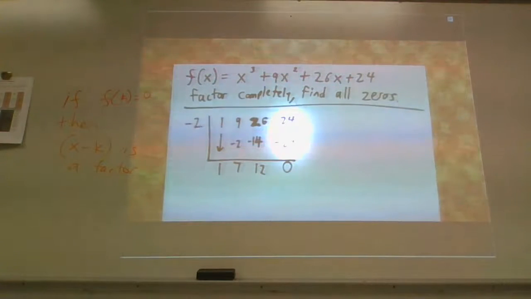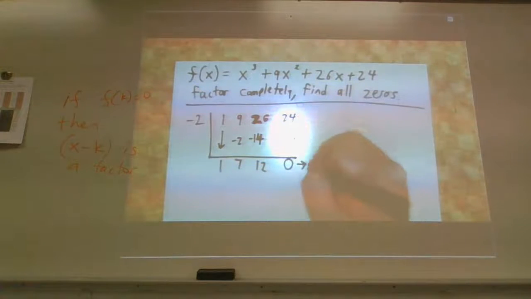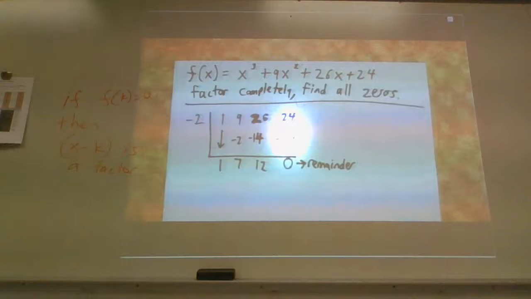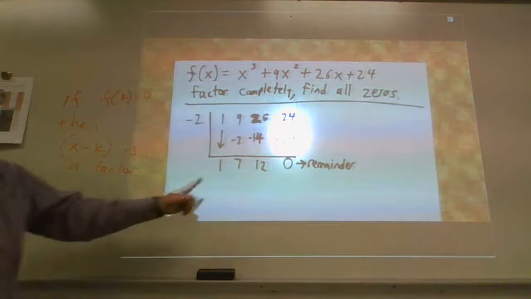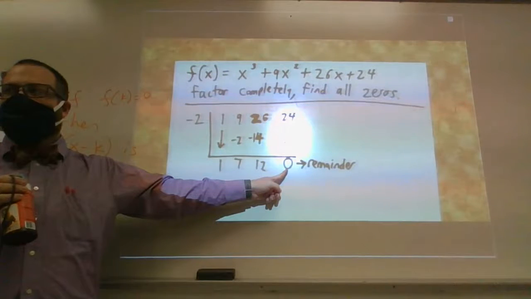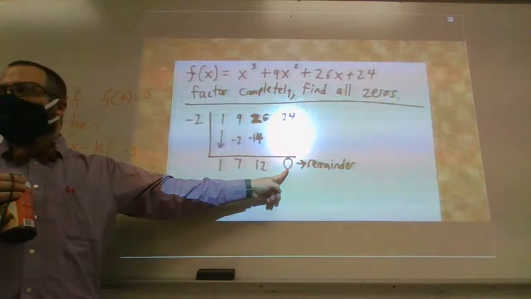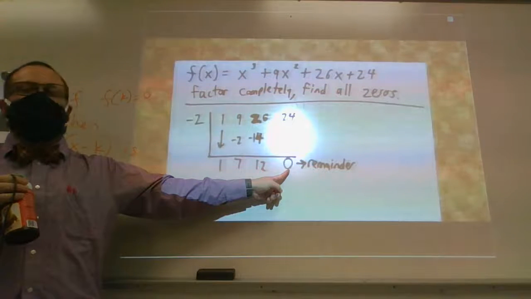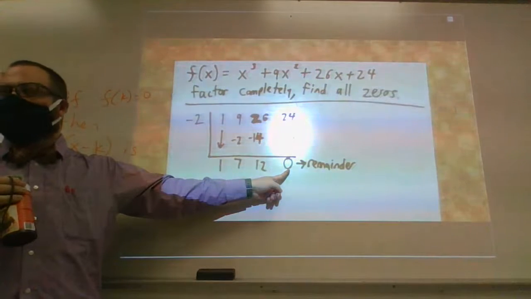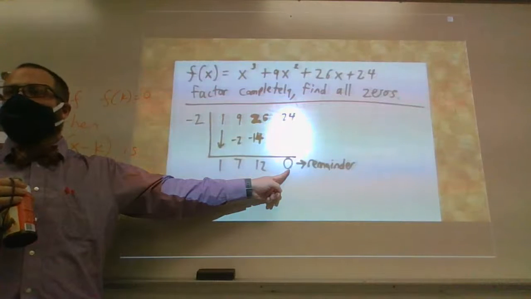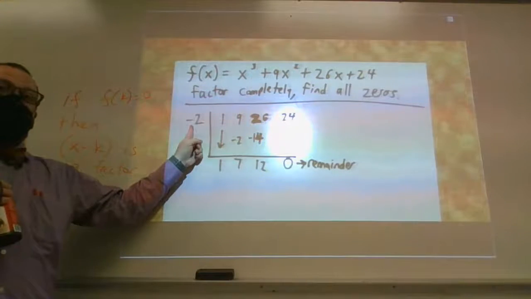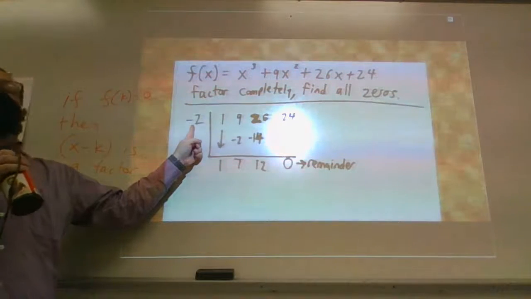Now, I want to emphasize the fact that this was our remainder. Tell me, if you don't get a 0, what 2 possible outcomes are there? The number that you plugged in wasn't one of the zeros.